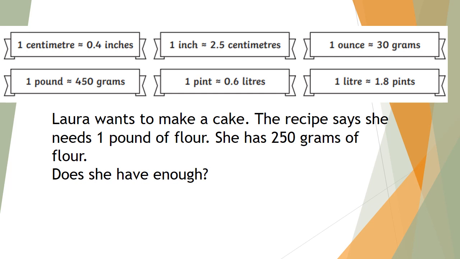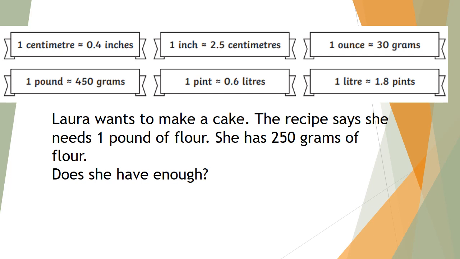You need to find the section where we're talking about pounds and grams. Have you found it? Excellent. Put your finger on it. Now we can see that 1 pound is approximately equal to 450 grams. She has 250 grams.